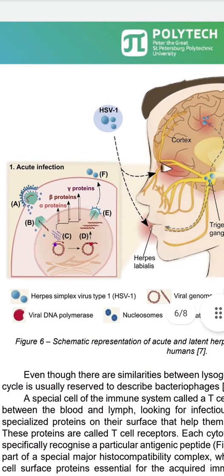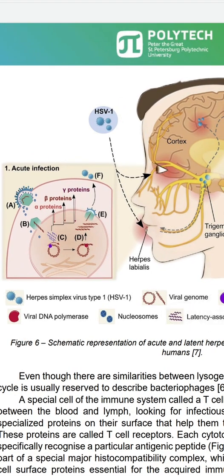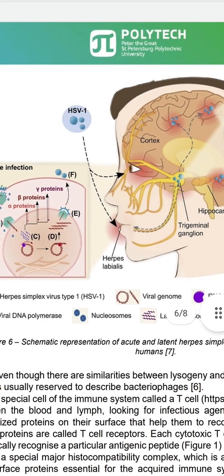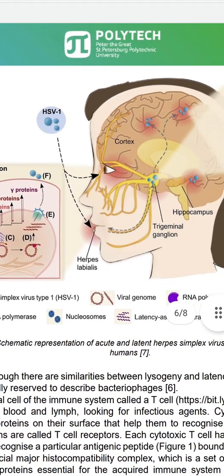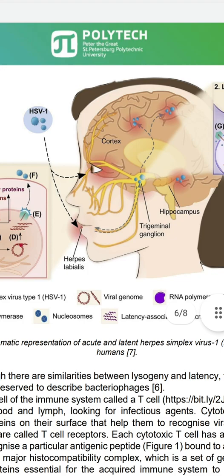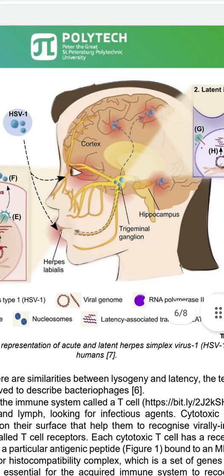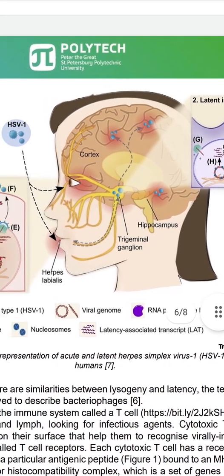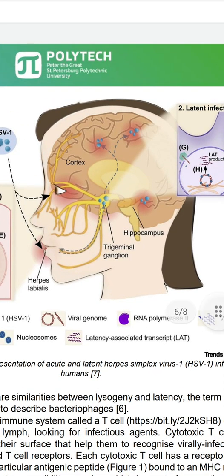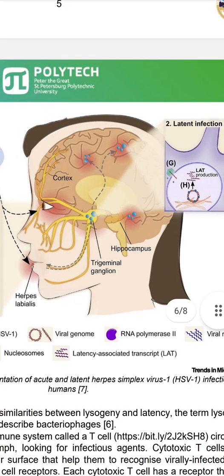And D, and then it comes out, the lytic pathway. It's written here latency associated transcript, or LAT. And it comes to the cortex, hippocampus, the trigeminal ganglion, and the cortex.